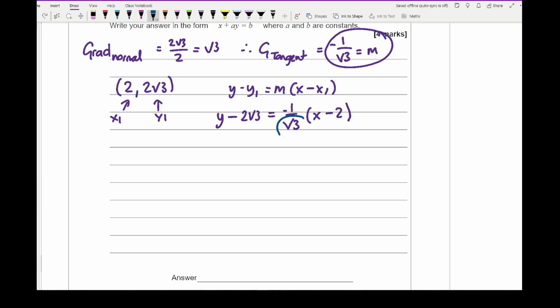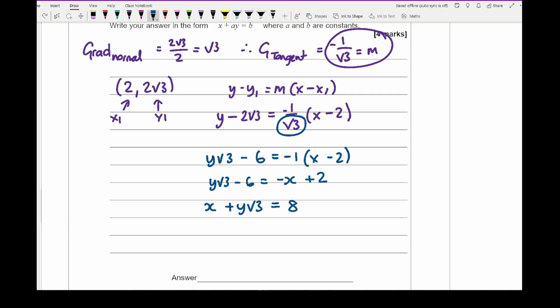So if I multiply everything by root 3, I end up with y root 3 minus, and then 2 times root 9 is going to be 6, equals minus 1 times x minus 2. So that becomes y root 3 minus 6 equals minus x plus 2. Now we want to get x positive, so we take it to this side. So we get x plus y root 3, take the 6 over to the other side, and that equals 8. And there is my equation of the tangent.